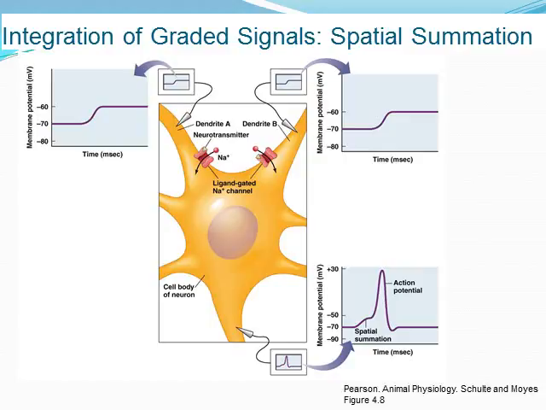So that would be spatial summation. And more typically, you're going to have many channels that are opening, not just two. But this is a good example of, if you only have one channel opening, you're only going to get up to -60. If you add that together, you hit the threshold of -50 and you get an action potential. So that would be spatial summation.